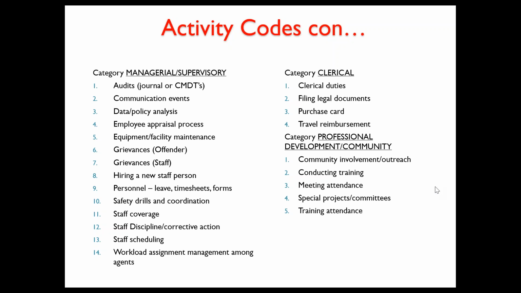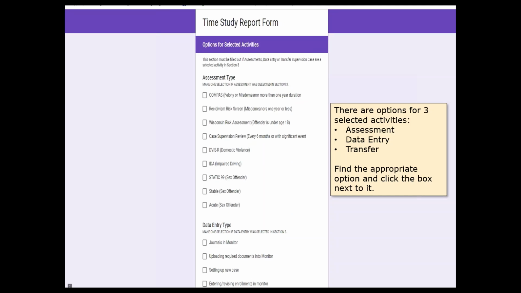And then once you have indicated or checked which activity you are providing documentation on, you click next. And then for 3 specific activities, there will be additional options that you can provide. And this only pertains to if, for example, you're documenting information about assessments.